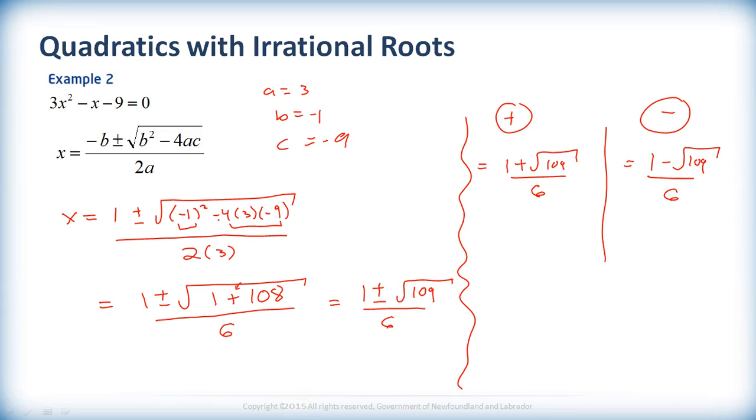We're going to get two answers, and those two answers should look a lot like, if you have a good handy-dandy calculator, I'm getting 1.91-ish, and I'm getting negative 1.57. So that's close to the nearest hundredth.